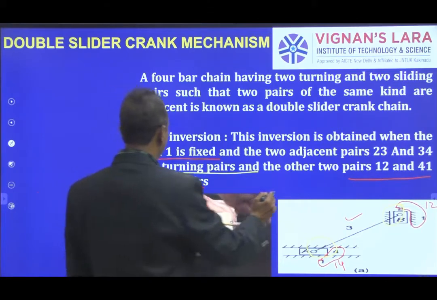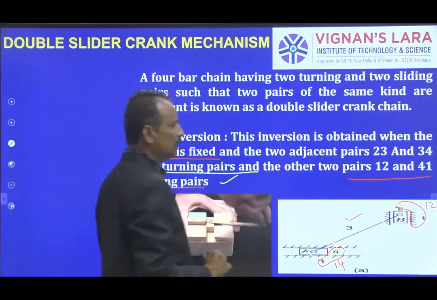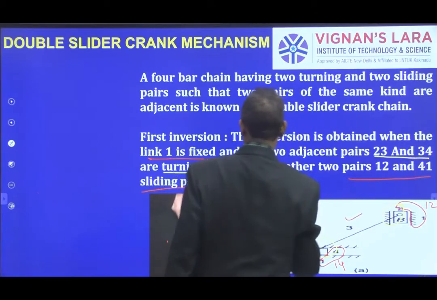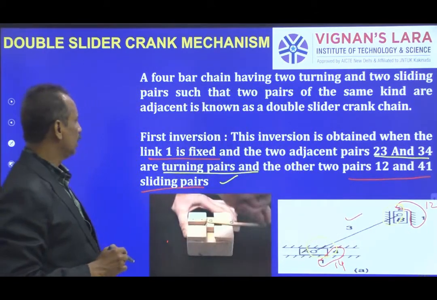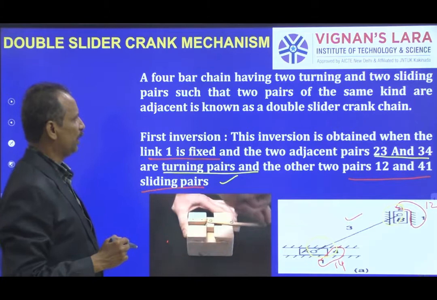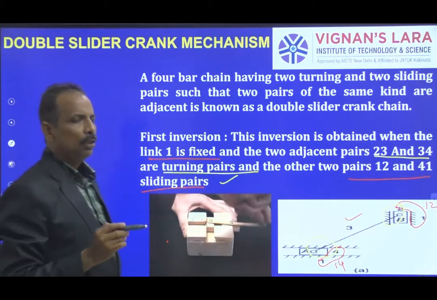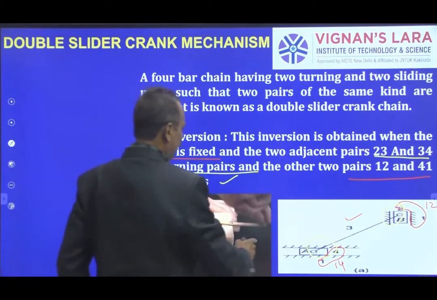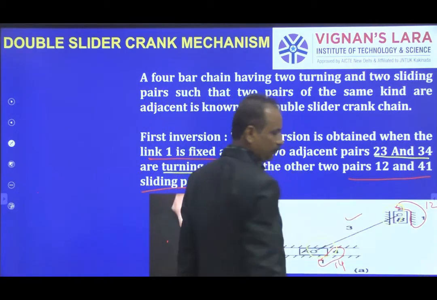Out of them 2 are sliding pairs and 2 are turning pairs: 2, 3 and 3, 4 are turning pairs, and 1, 2 and 4, 1 are sliding pairs. So this is the first inversion of a double slider crank chain by fixing link 1.